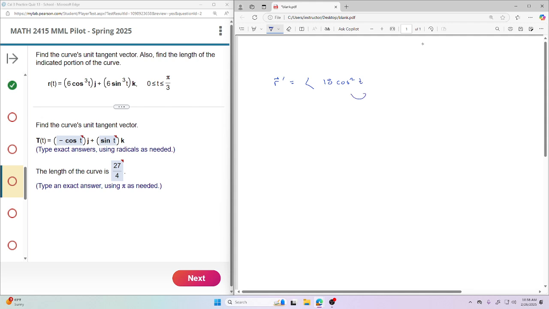Cosine squared and then times just sine. Yeah, but you got it. And it's a negative sign, so I put a negative in the front. 18 sine squared. Derivative of sine is a cosine.